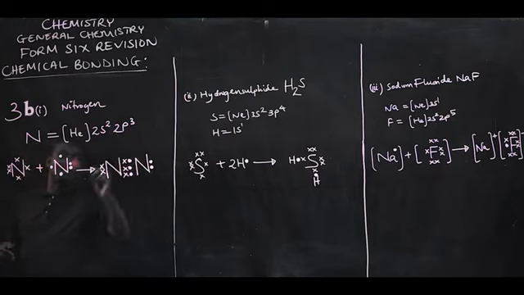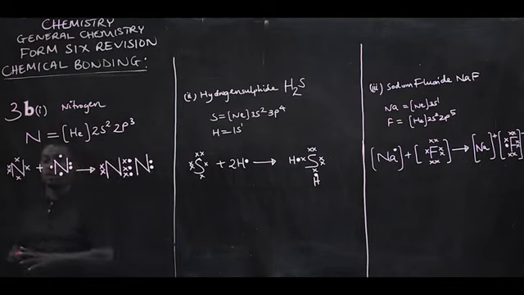Among these 5 valence electrons, there are 3 unpaired electrons and only 1 pair of electrons.